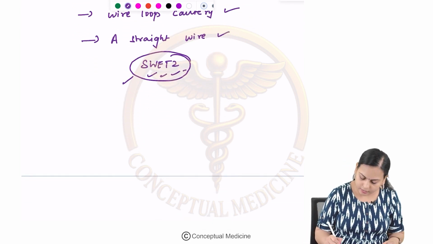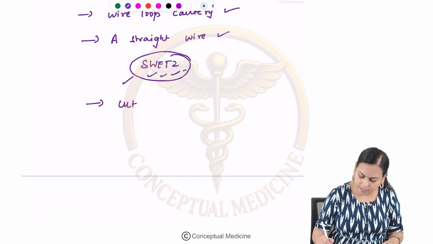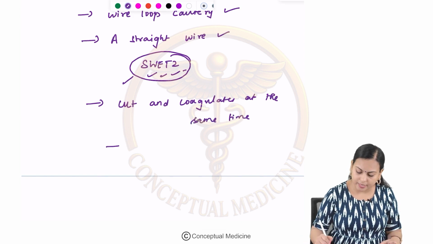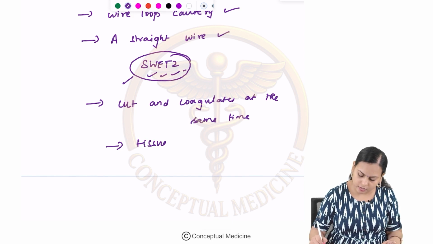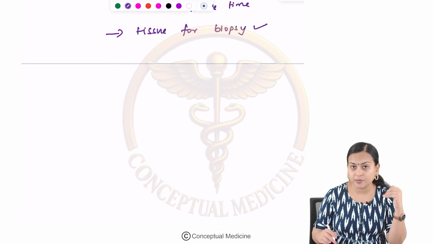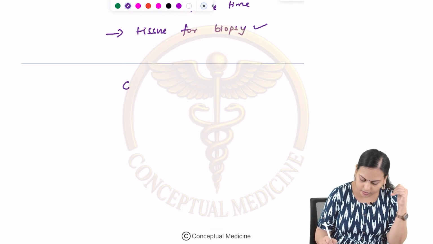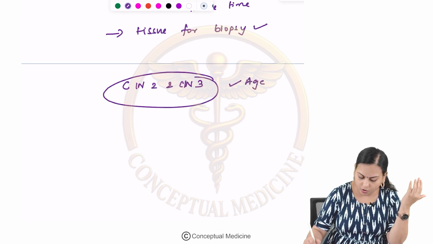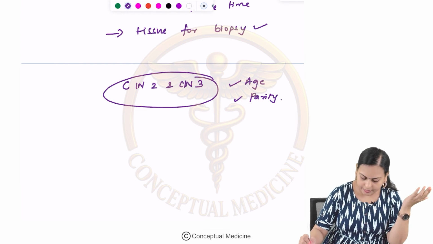The advantage of this is it cuts and coagulates at the same time, and you can obtain tissue for biopsy. That is also possible. So obviously this becomes the treatment of choice for CIN2 as well as CIN3, of any age group or any variety.